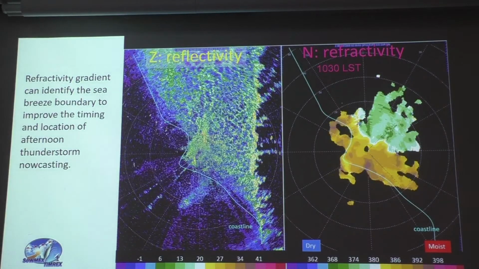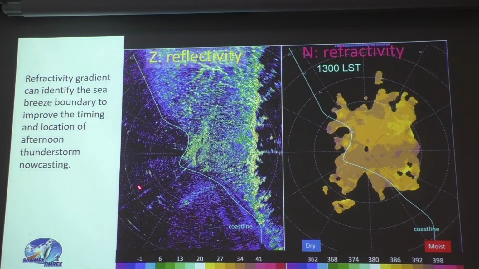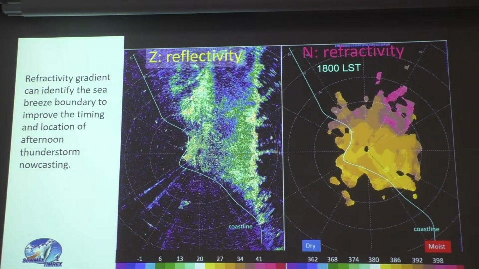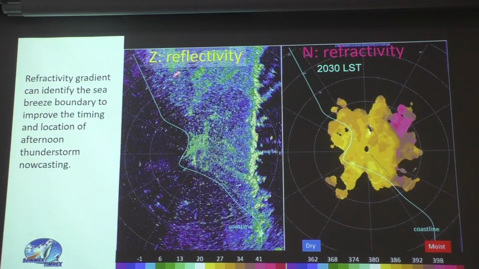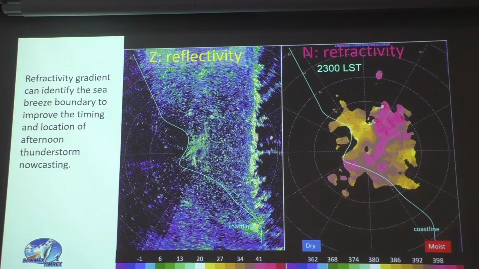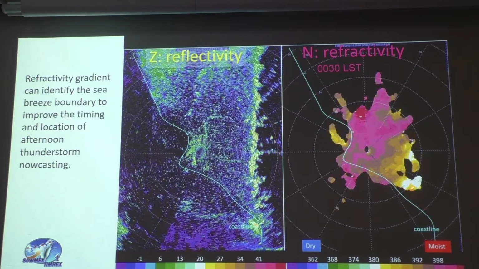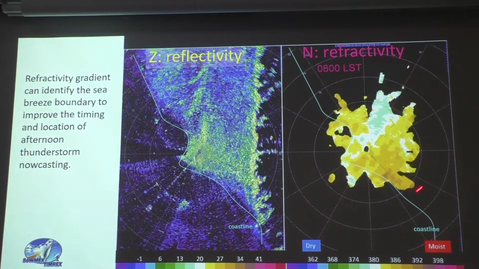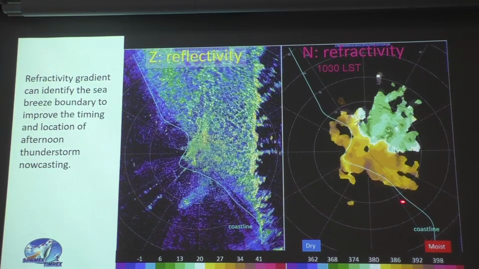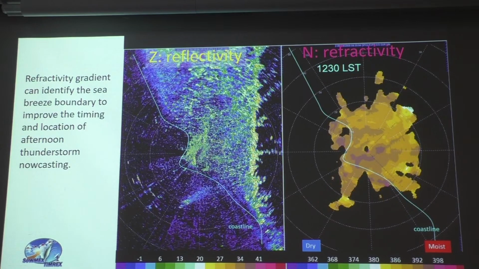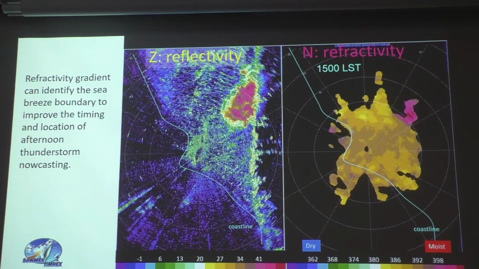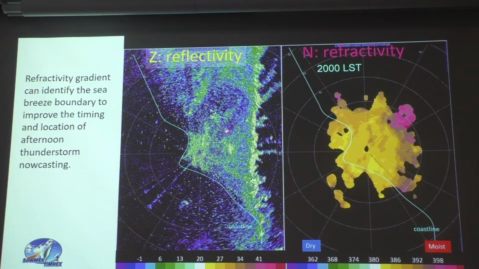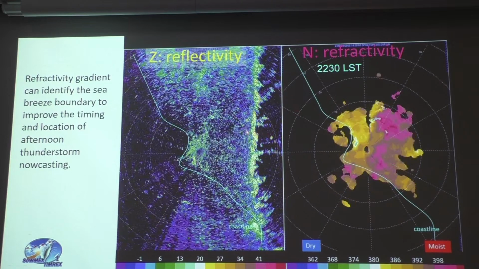Here's just one example to show you that in reflectivity, before the precipitation system occurs, most of the time you don't see anything, meaning there's no precipitation. But on the other hand, the right panel shows that refractivity can provide you the information near the surface all the time, and also demonstrates high temporal and spatial variability, no matter whether there's a weather precipitation system or not.